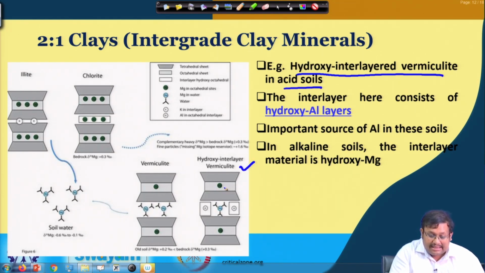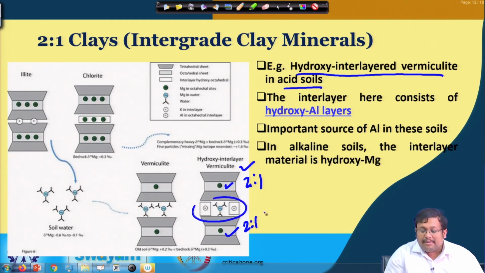In the vermiculite structure, there is magnesium in the octahedral site, so it is a 2:1 type of mineral. In the interlayer space, there is magnesium-bound water as well as aluminum in the octahedral layer. Here you can see the interlayer is composed of hydroxy aluminum layers. It is not a continuous layer, it is a discontinuous layer.